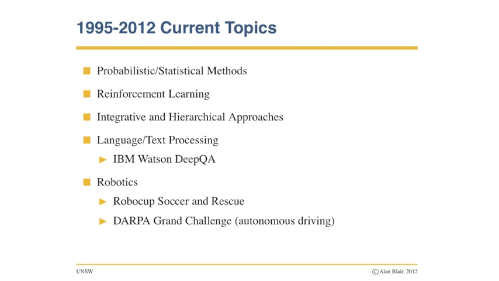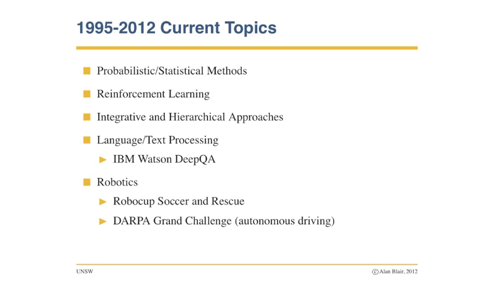These are just a few current topics. This isn't a comprehensive view necessarily of what's going on now, but there's been a lot of interest in probabilistic models and statistical models, models based on Bayesian mathematics, models based on sophisticated statistics, for robot navigation and text processing and all kinds of other tasks.